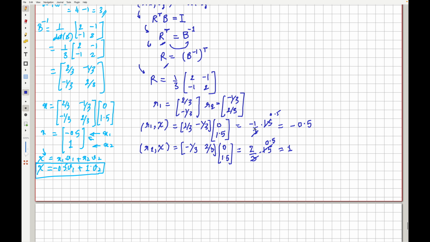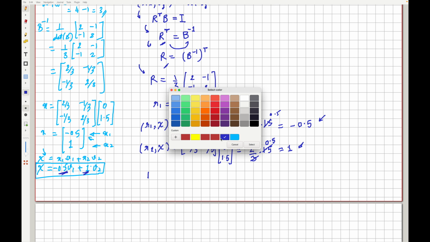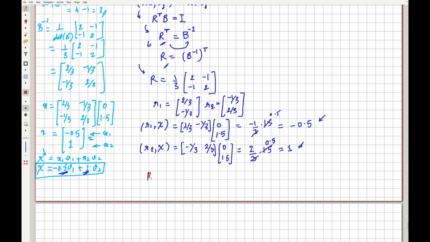And so what we have are these two coefficients again, x1 and x2. Again, these are the same as what we have here, x1 and x2. So what we are saying is that, let's change the ink. What we are saying is that R transpose B is equal to B inverse B, which is equal to I.